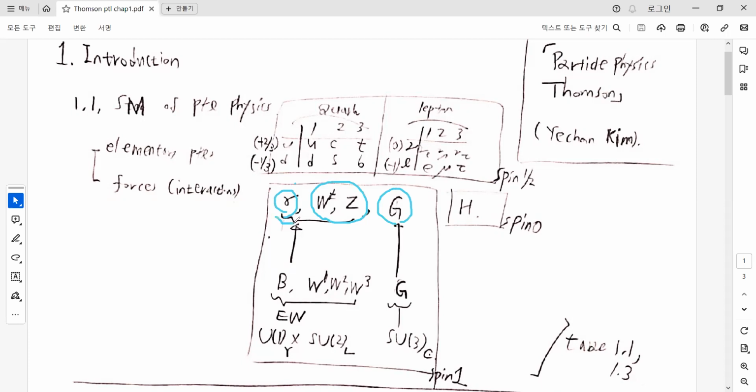The electroweak part comes from the U(1)Y hypercharge and SU(2)L gauge symmetry, and the QCD part comes from the SU(3) color symmetry. In the spin 0 part, there is the Higgs boson doublet, and through the coupling between the Higgs and the fermions and bosons, these particles can acquire mass.